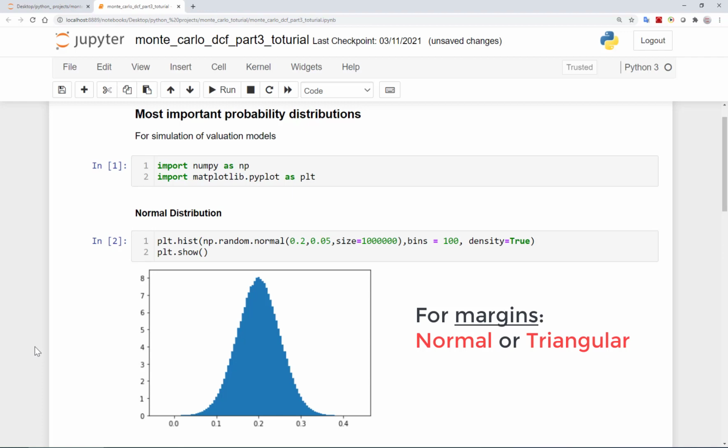That could also make our final results problematic. Okay, that was the margins, and I suggested to use normal distribution, or you could use a triangular distribution if you really want to make sure to be bounded.